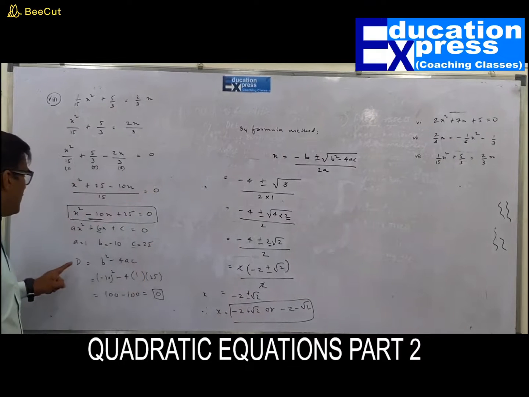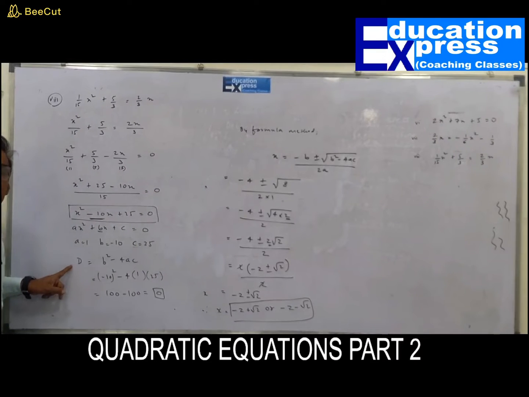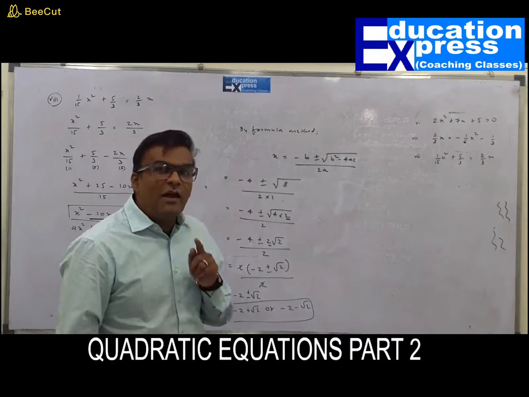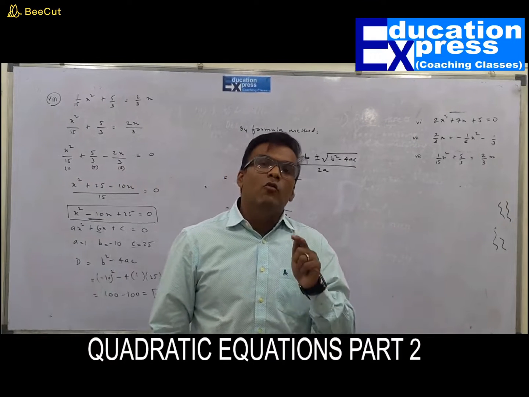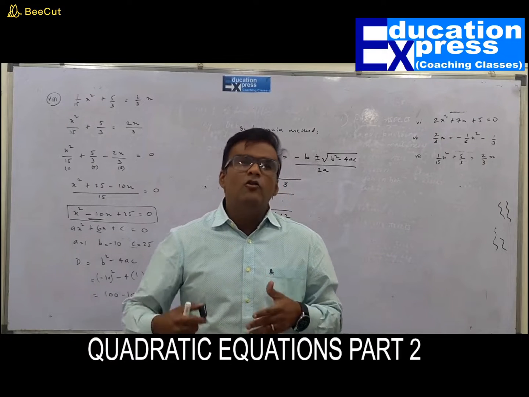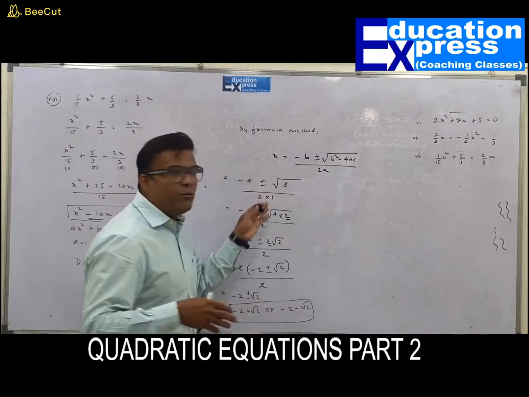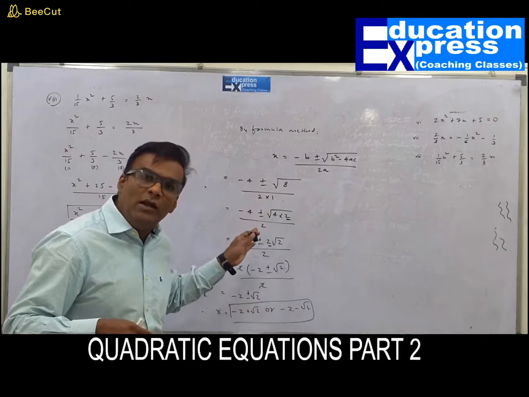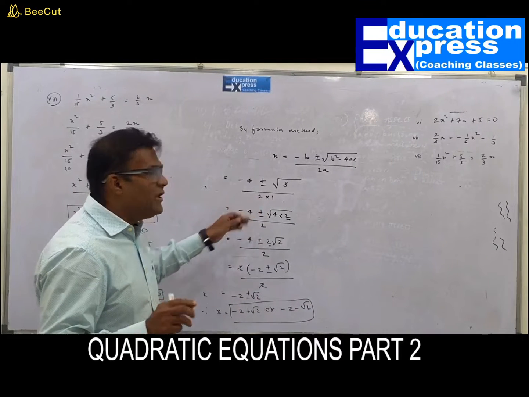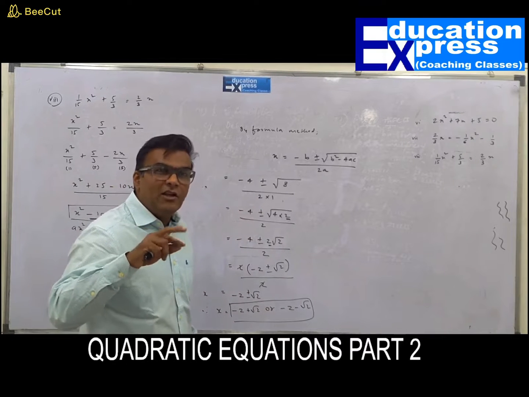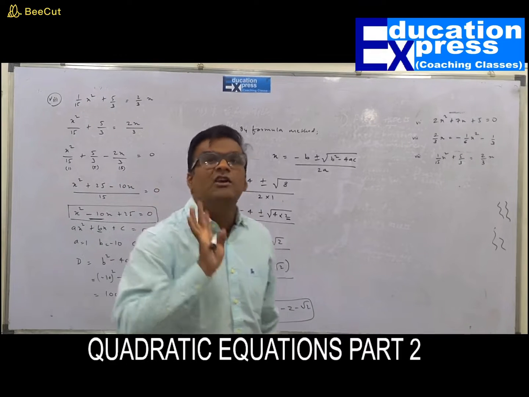Whenever the discriminant b square minus 4ac equals 0, the value of x will be one single value. But I don't have to make any effort to remember this. In the automatic process of applying the formulas, you will automatically get the value of x as one single number, which indicates the nature of roots which are equal.